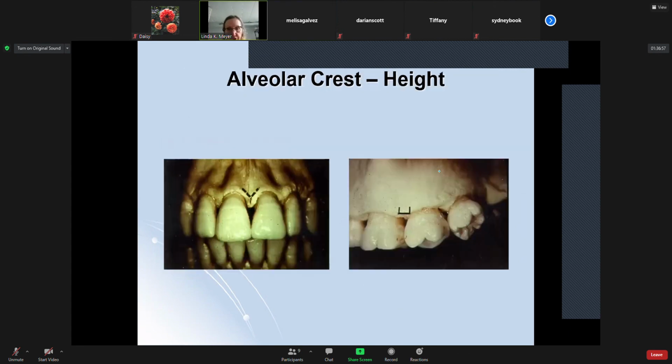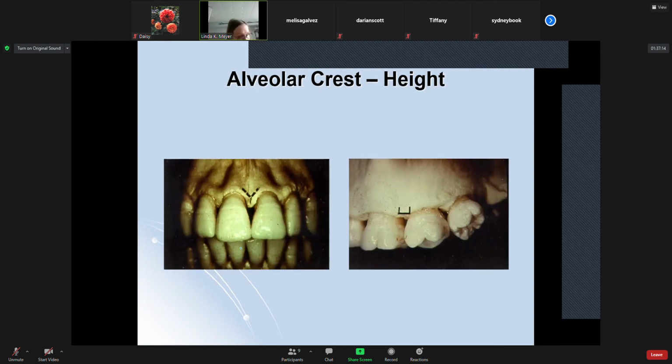Okay, so I was just showing that to you on the actual skull and then on the X-ray. Okay, let's talk more about this alveolar crest, especially in the interdental septum.